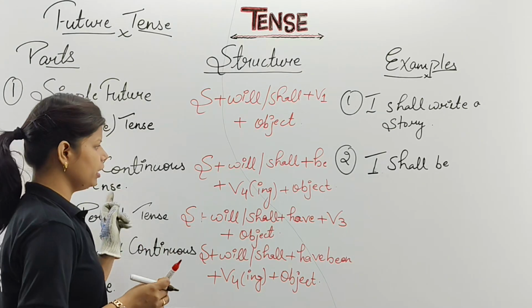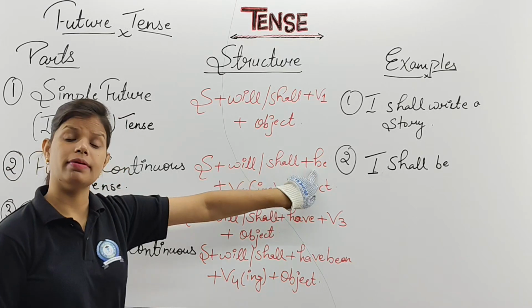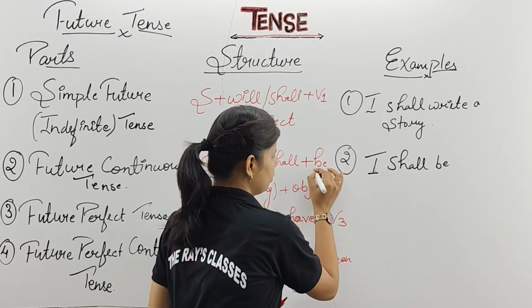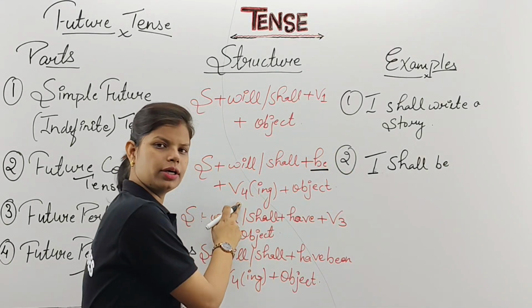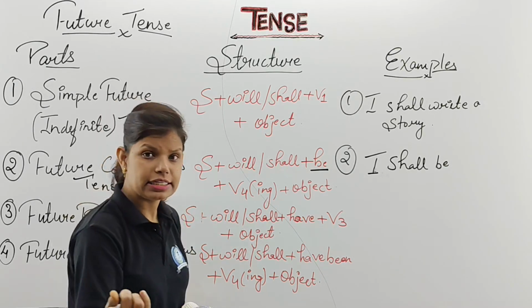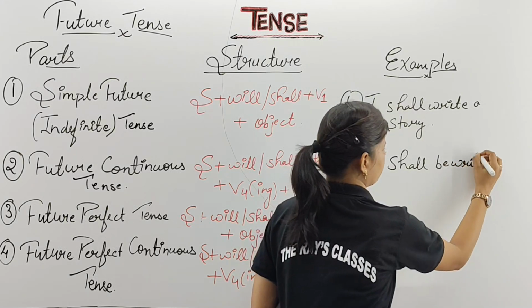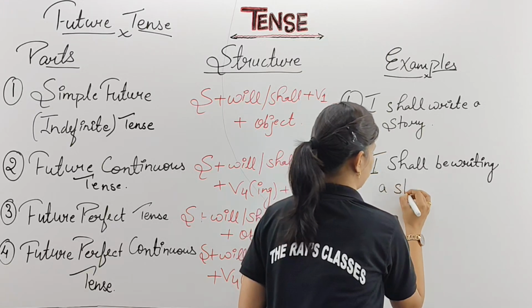Here, in future continuous tense, we have seen I shall. Along with that, we have a new term, be, that you have to mention. I shall be. Which form of the verb do you have to use from here? You have to use the fourth form of the verb. Write, wrote, written, writing. So, I shall be writing a story.